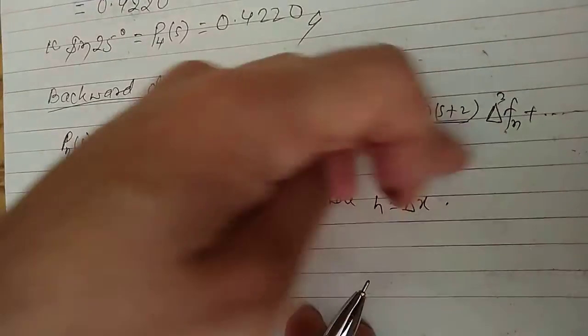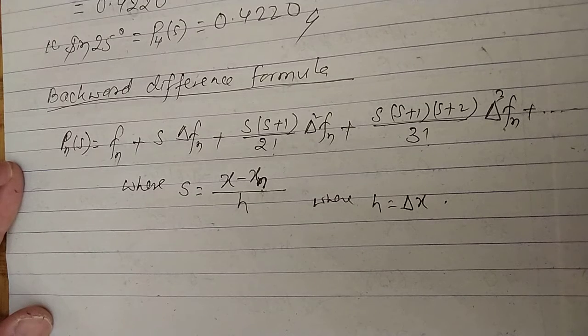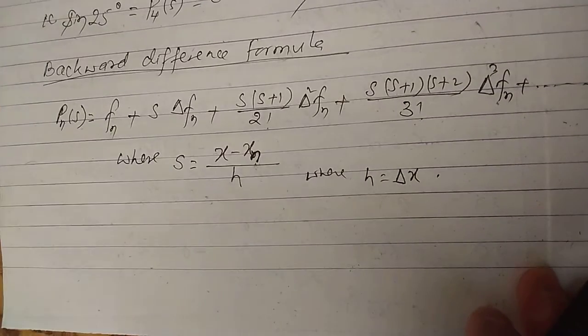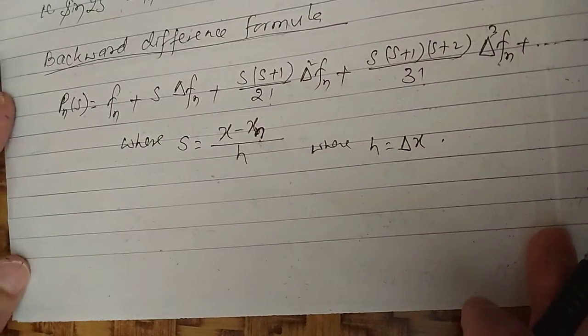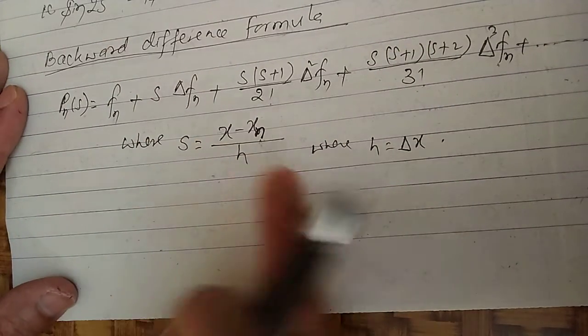So this is the backward difference formula. We can do the previous problem by using the backward difference formula. You have the formula, you have the value for s, and you can do it.